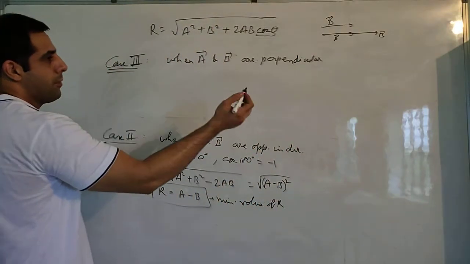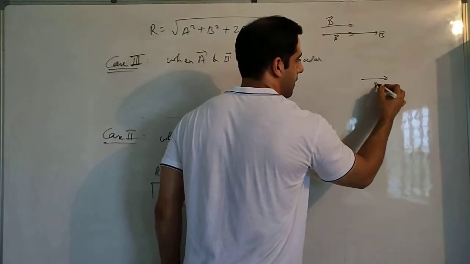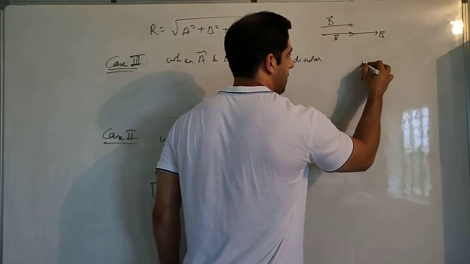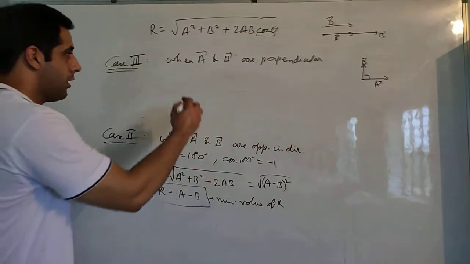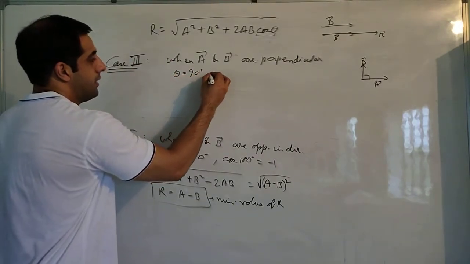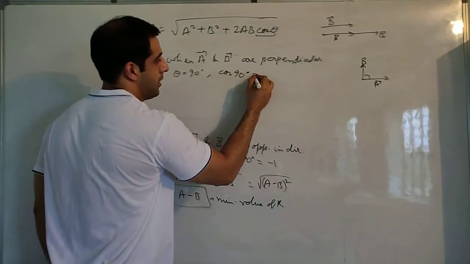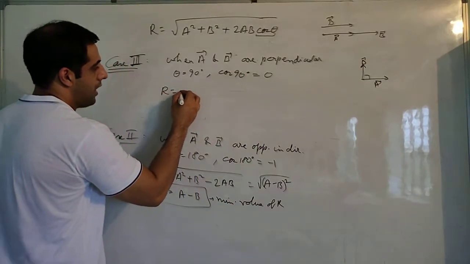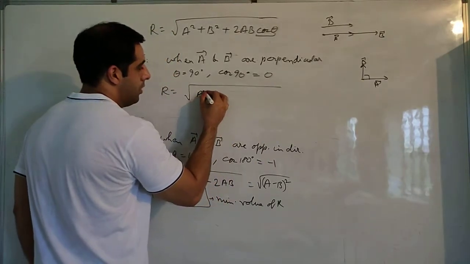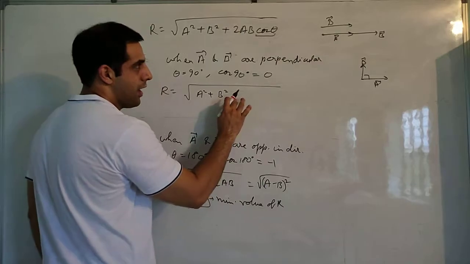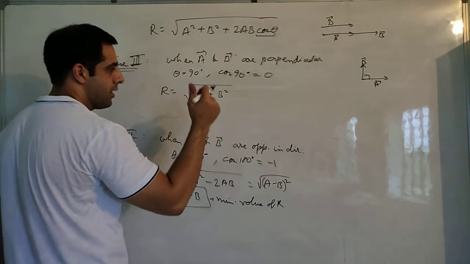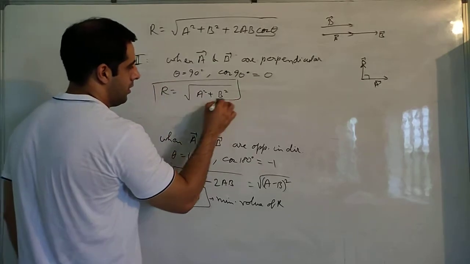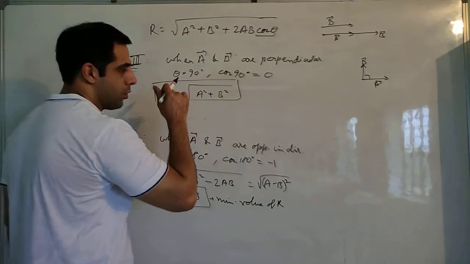If they are perpendicular to each other, then this will be vector A, and this will be vector B. So theta becomes 90 degree. That means cos 90 degree becomes 0. That means R will be equal to the square root of a square plus b square plus 0. This entire quantity will become 0. So only a square plus b square. So this will be the value of R in this particular case.